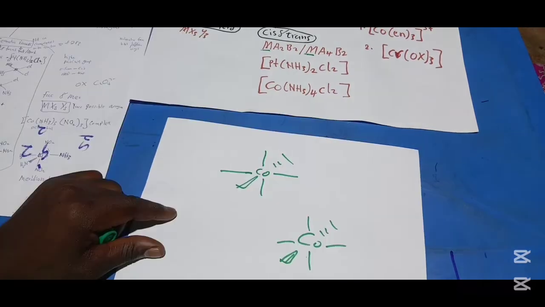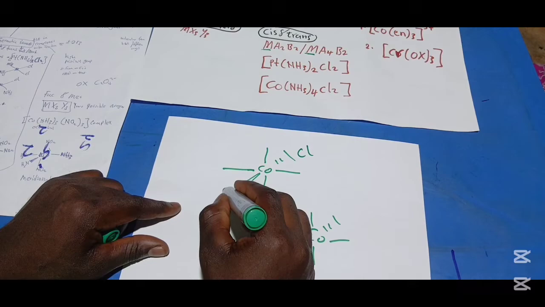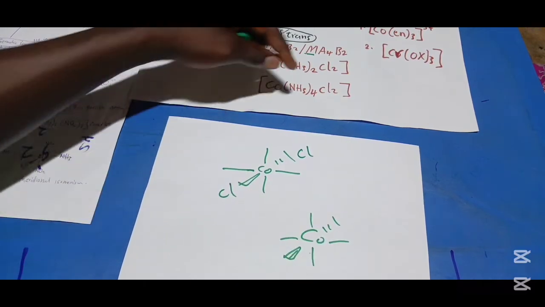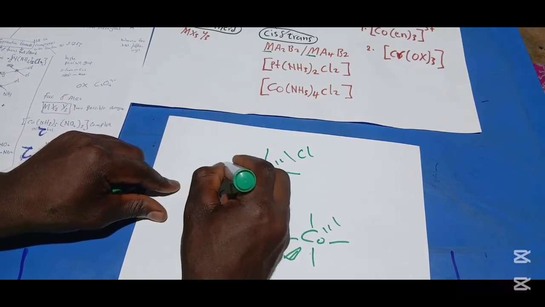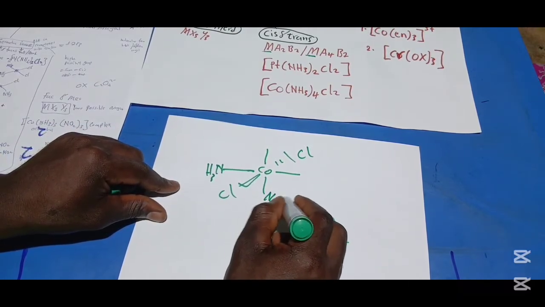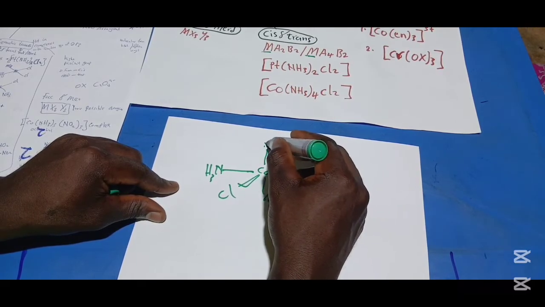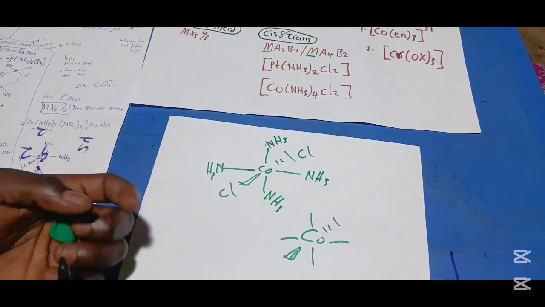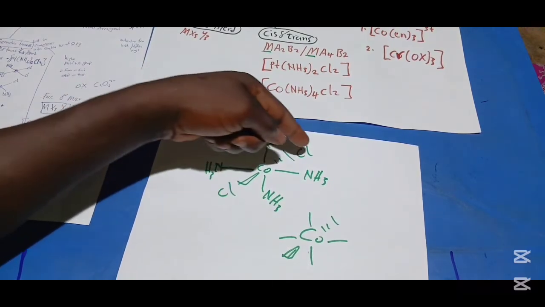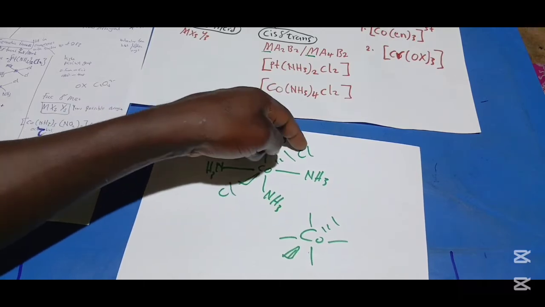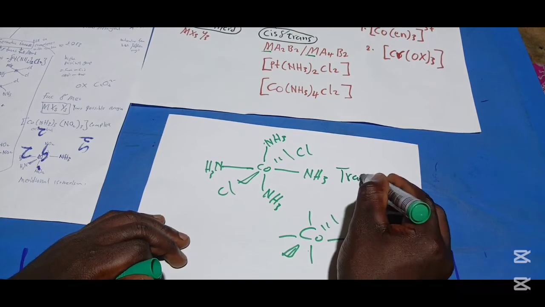There can be a point where we have 2 chlorine and 4 ammonia, NH3, NH3, NH3, NH3. Comparing ammonia to chlorine, the higher priority group is chlorine. Chlorine is found at the opposite side, and this gives us the trans isomer.